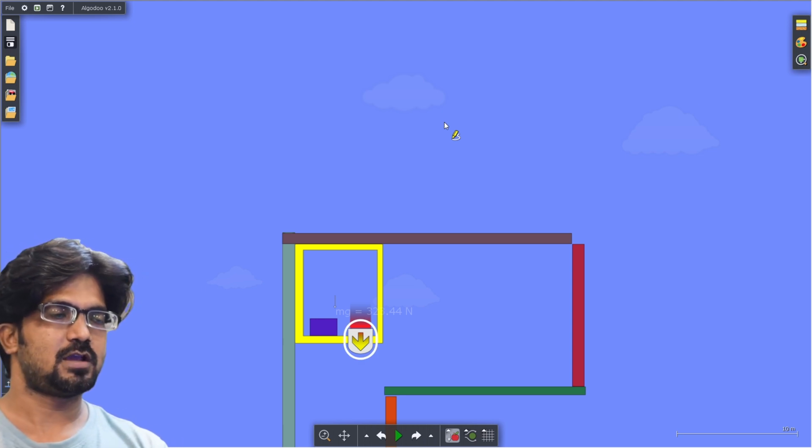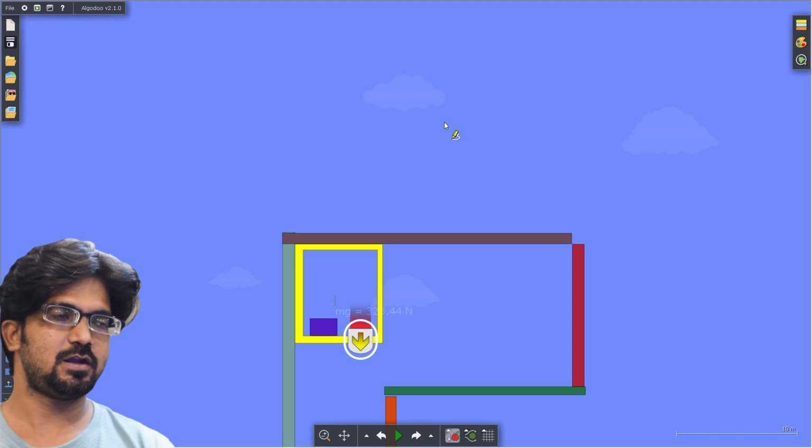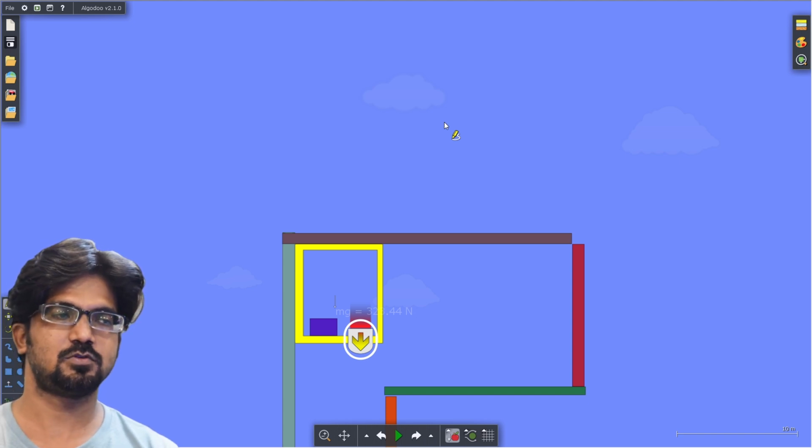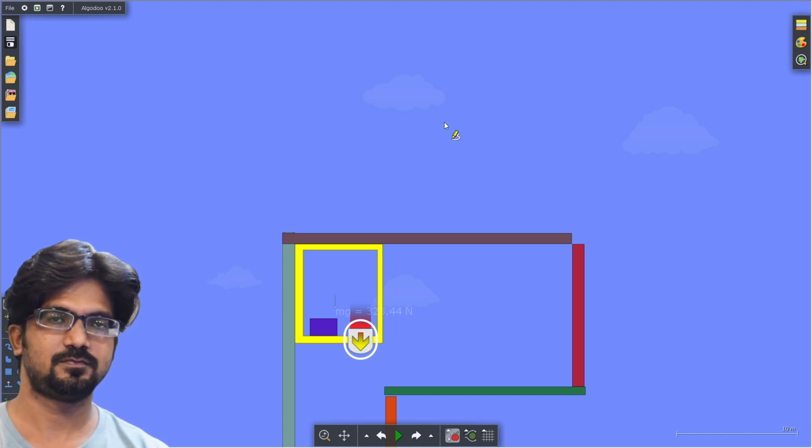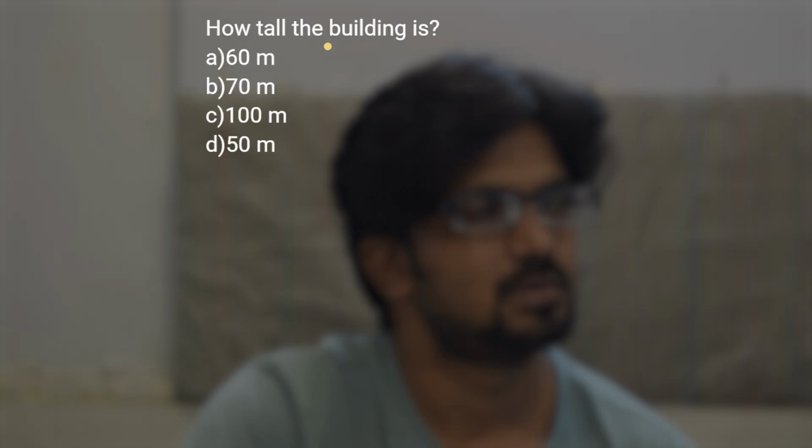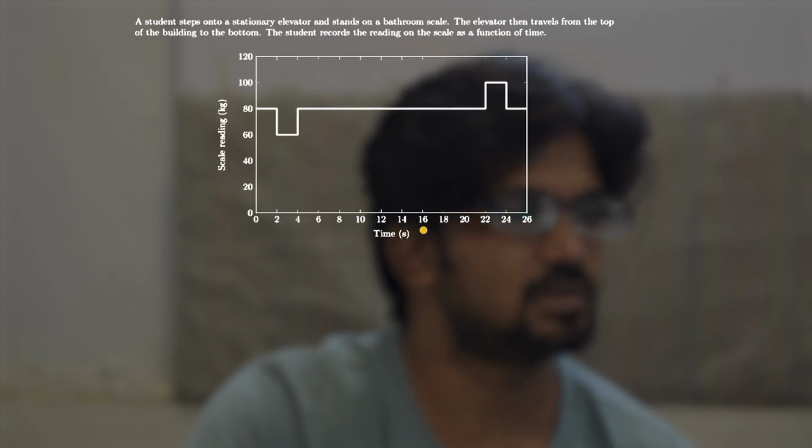Now we are going to see theoretically how we can measure the height of the building with respect to the time period and the acceleration given. So now we want to find how tall the building is. We have deduced the acceleration values here.